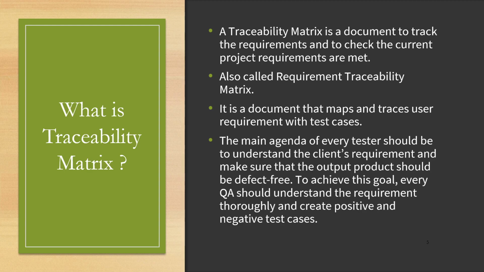The main agenda of every tester should be to understand the client's requirement and make sure the output product is defect free. To achieve this goal, every QA should understand the requirement thoroughly and create positive and negative test cases. Just remember that the traceability matrix, or requirement traceability matrix, or RTM, is a document to track the requirements and to check that the current project requirements are met.